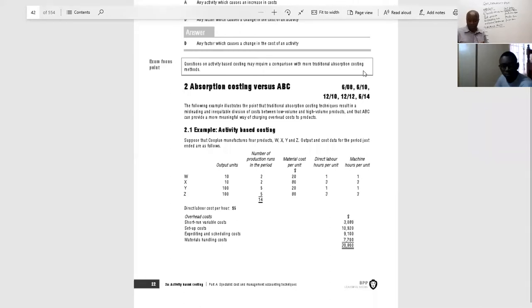So for machine hours, I want to see whether there is anybody who will be able to remember how to apportion the short run variable cost using machine hours.